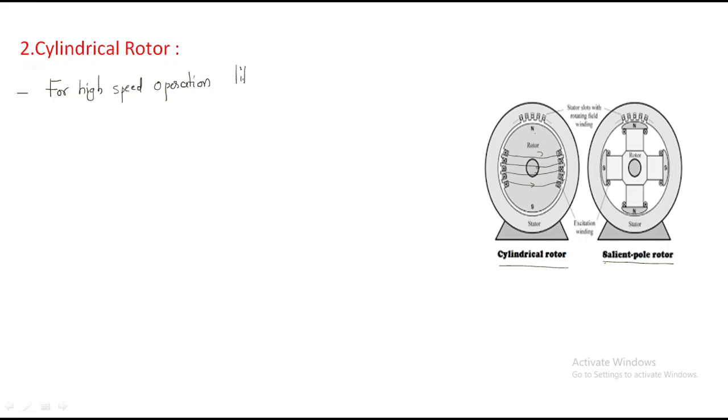Thermal power plants generally have a very high rating, that is 100 MVA to 1500 MVA.